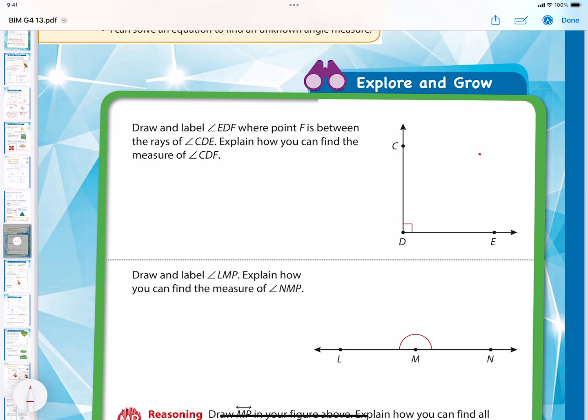Okay, so now I'm going to point this F. It's a little bit tilted, but it's okay. F, I'm going to write in here again. Since angle CDE is 90 degrees, explain how you can find the measure of CDF.